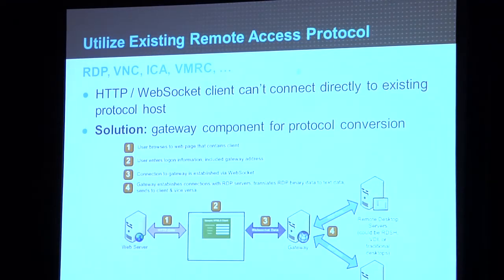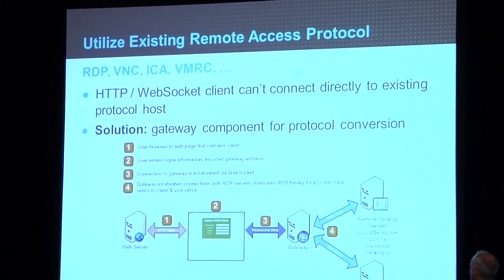This is a diagram that I stole from brianmadden.com that Gabe created, explaining this. So here you have a web server downloading a client running inside the web browser. You have, let's say, a WebSocket connection going to this gateway or translation layer.